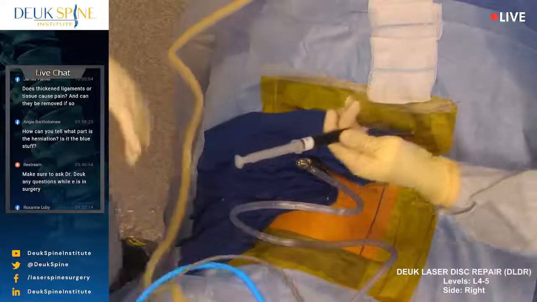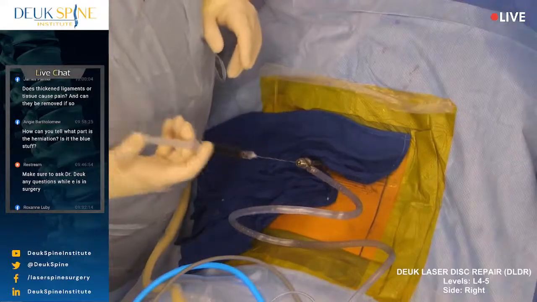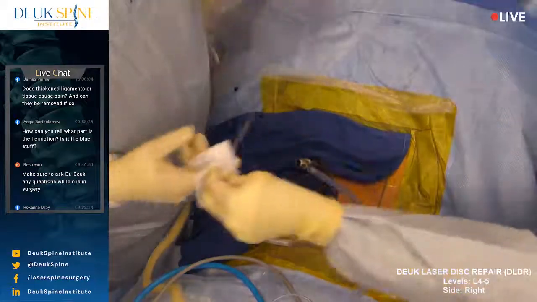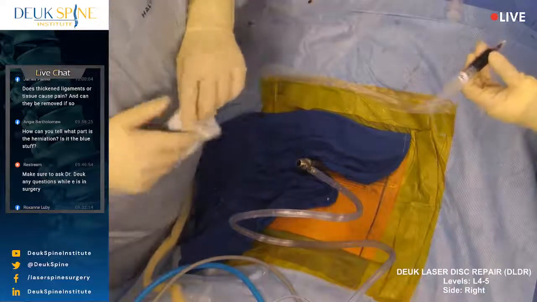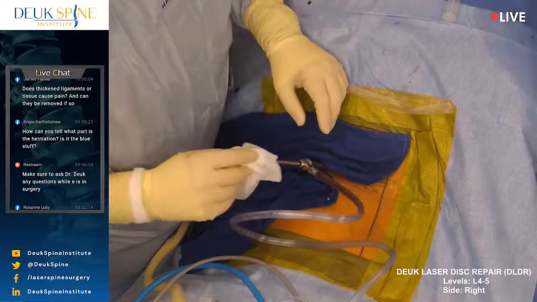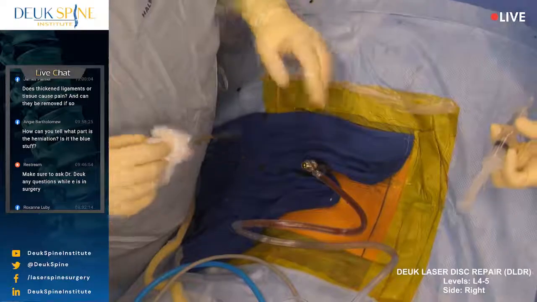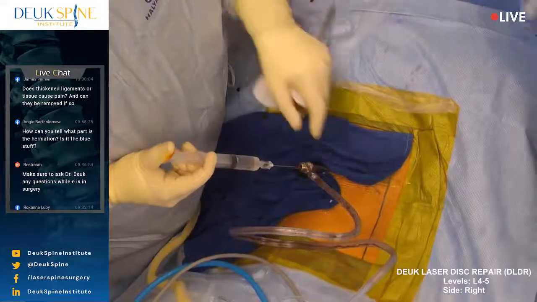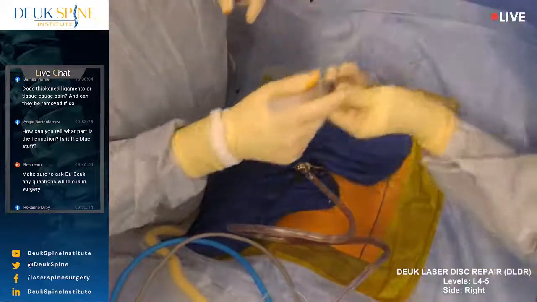So with this surgery, it should get rid of his back pain and his leg symptoms. That doesn't go off until I take the tube out. He's starting to wake up, which is good. We're just sucking out all this stuff.